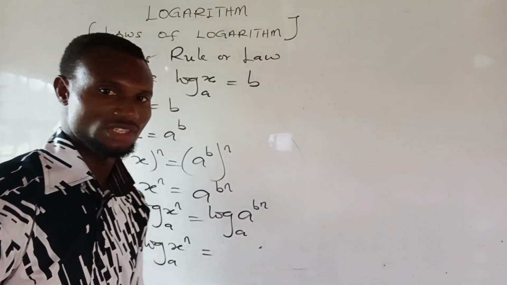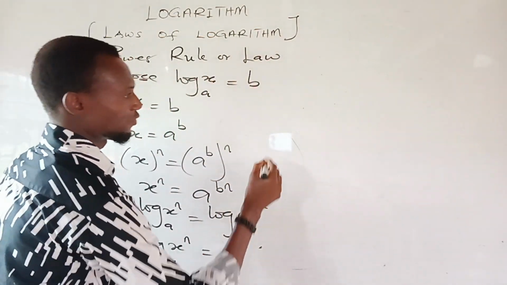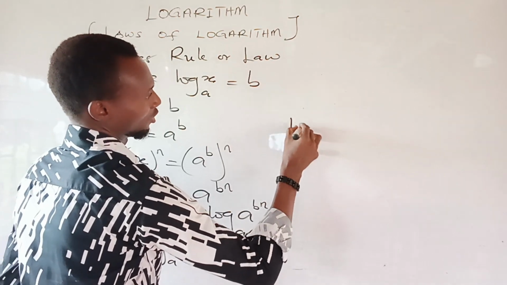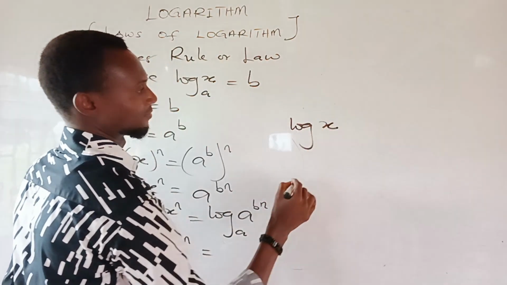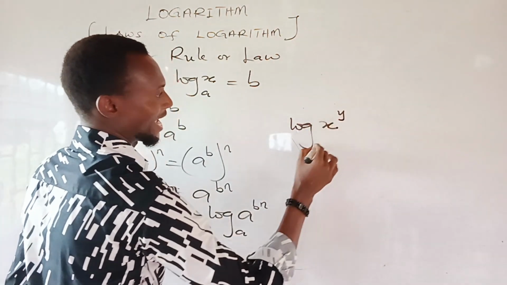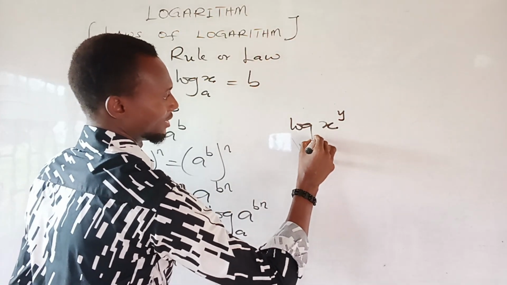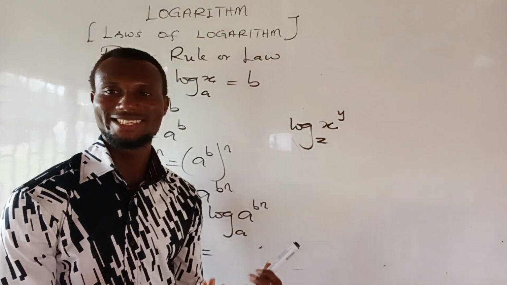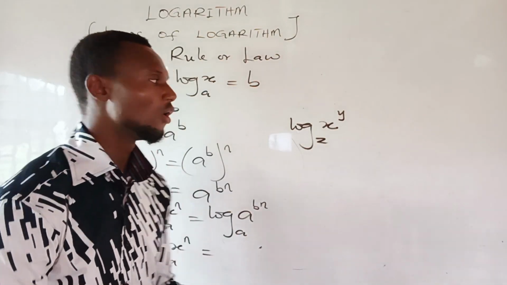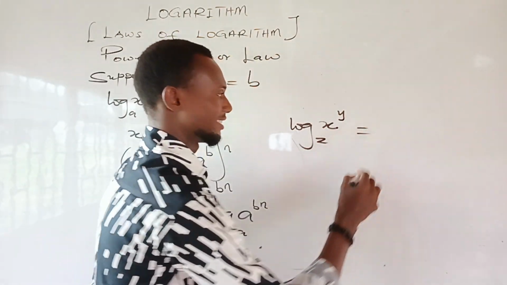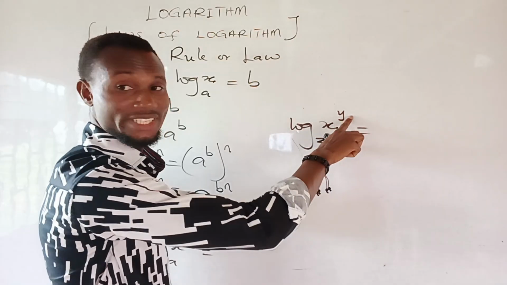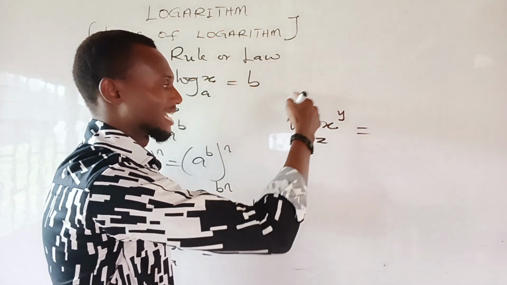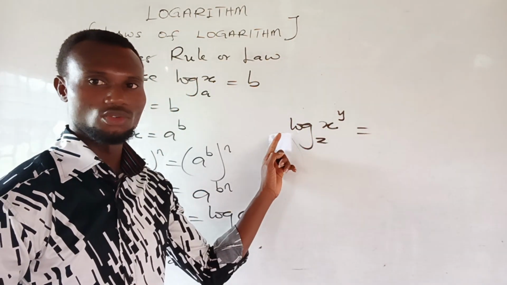In the previous videos, I taught you that, let's say we have log s to the power y, let's say to the base z, and I want to write it in another form. All that I will have to do is that the power which is here, which is the y, will come and become a coefficient to the log.